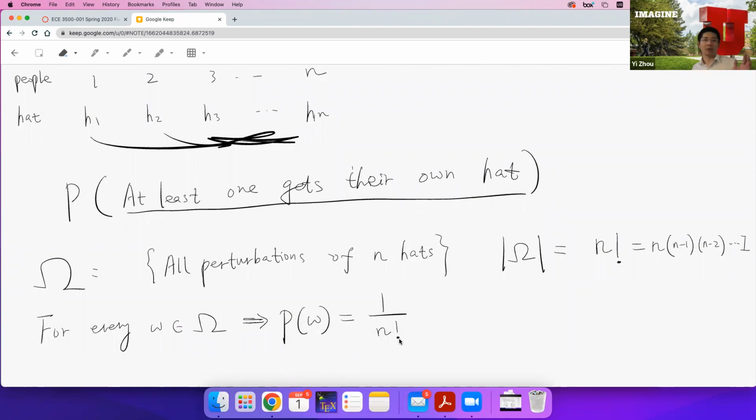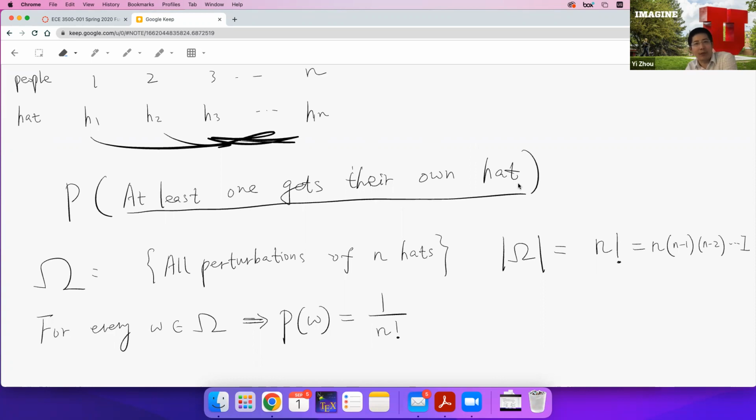So every outcome is equally likely to occur, right? So the probability of every permutation, every random reshuffle, is the same. But now the question is how do we calculate the probability of this event? This event includes many possible outcomes.